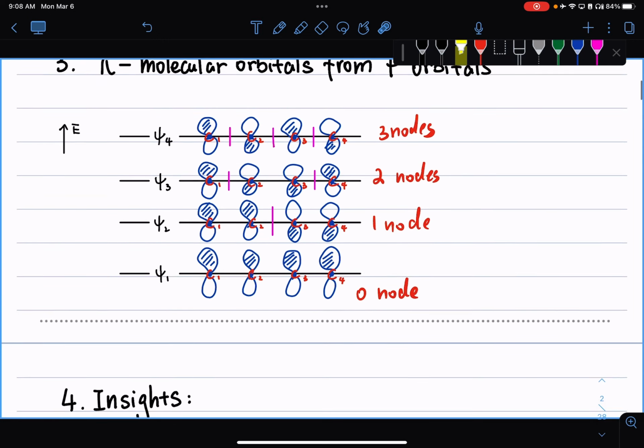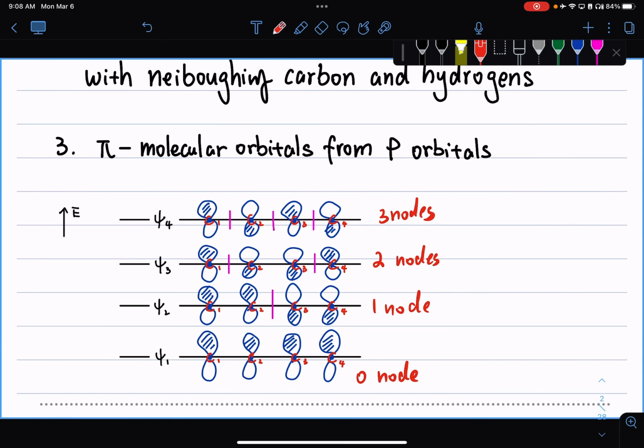And to put the electrons into my MO, we're following the same rule. We go from the lowest energy MO and go up. Looking at these molecular orbitals, phi 2 and phi 3 are our special cases. So phi 2, that's our HOMO.